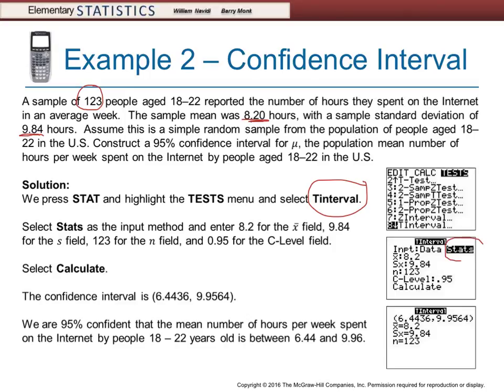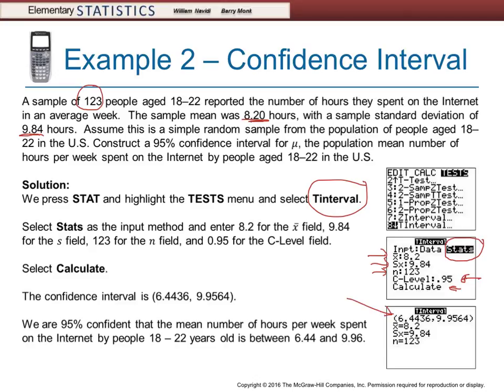We have to make sure that the stats icon is on. For x bar, we'll enter 8.2. The standard deviation, we'll enter 9.84, and for n, we'll enter 123. In this case, we wanted a 95% confidence interval, so for the C level, we'll enter 0.95. Then we'll hit calculate.